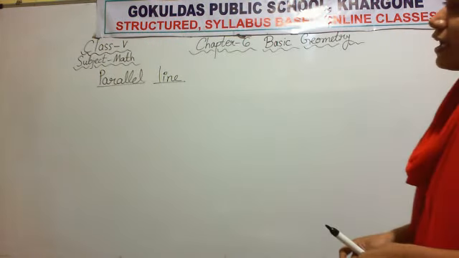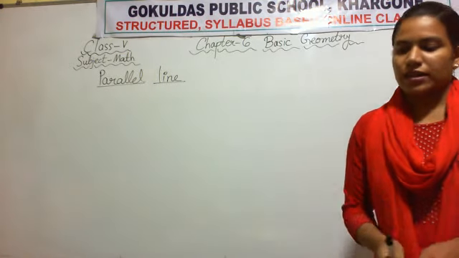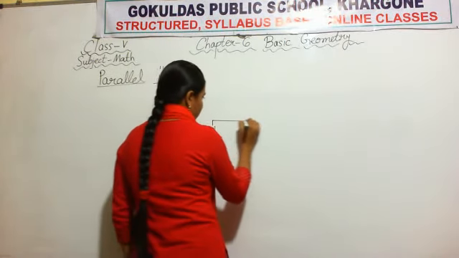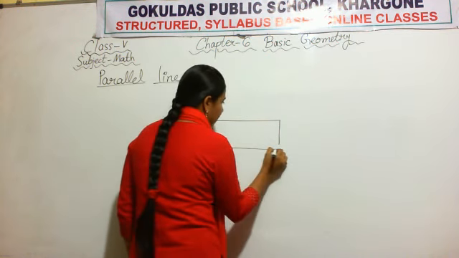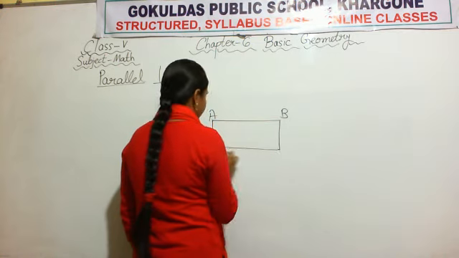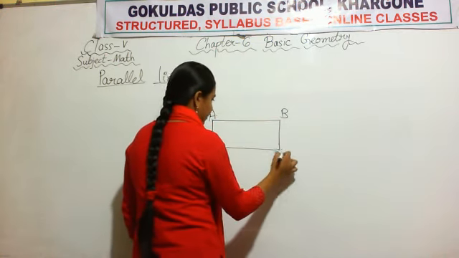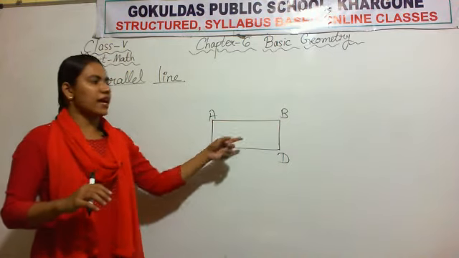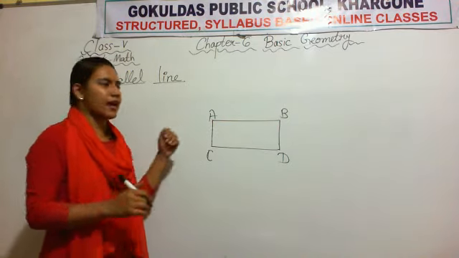Examples of parallel lines are all around us. Like if I draw a rectangle ABCD, what are the opposite sides?